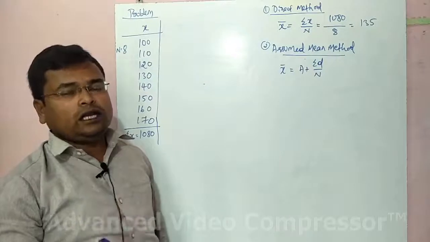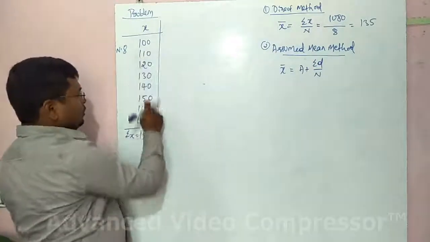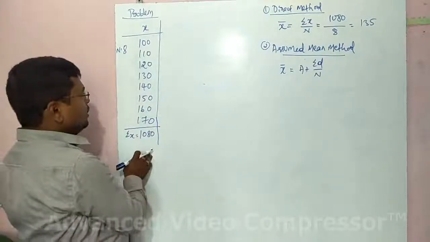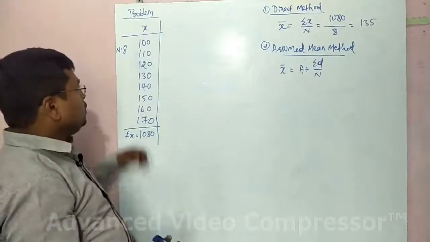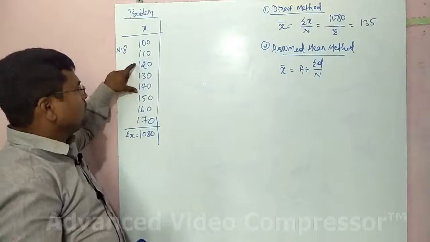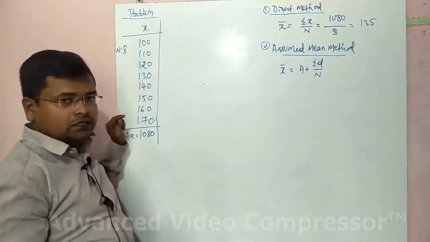That means we have to take any one number in this x column as the assumed mean. We can choose any number. It may be the first number, or the last number, or any number out of all these numbers.